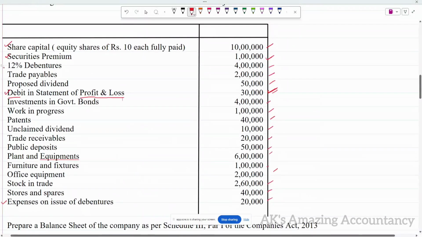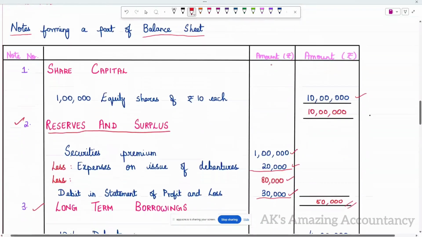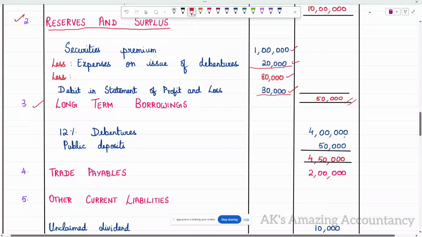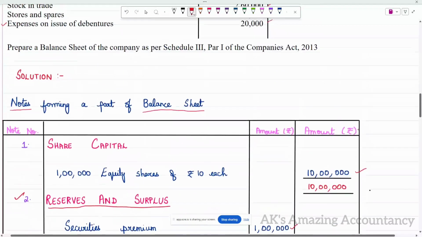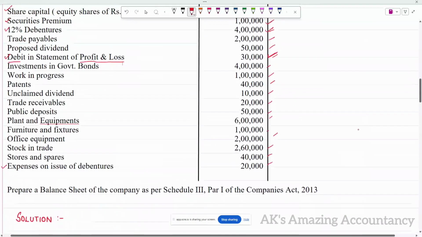Let us have a look at the problem now. We are given 12% debentures of 4 lakhs. So this will come under long-term borrowings, and we have entered 12% debentures there. Debentures will be there in most of the problems, and they will come under the heading long-term borrowings. Then there is one more item in this problem, which is public deposit.